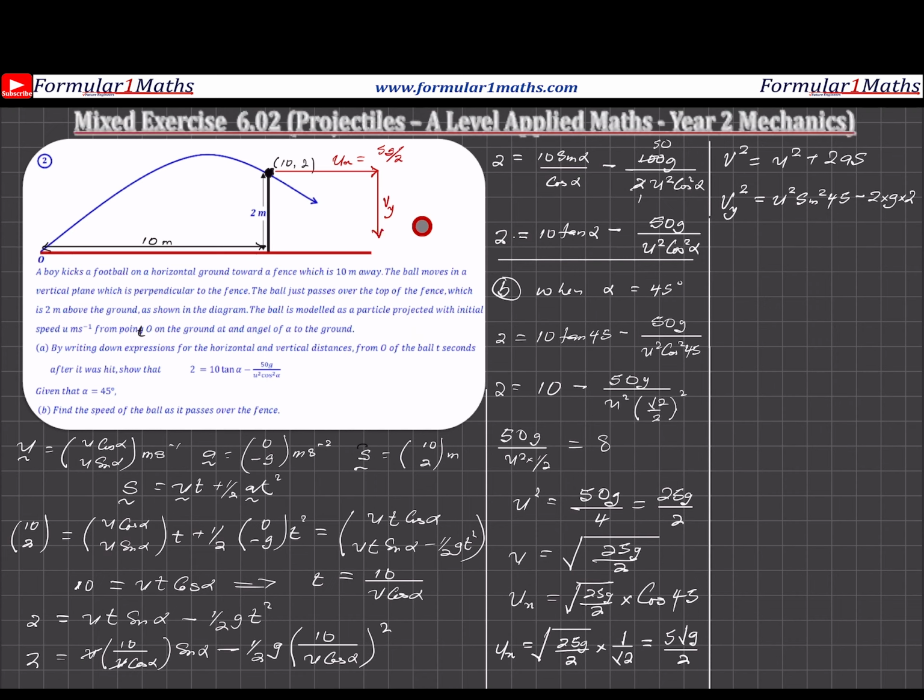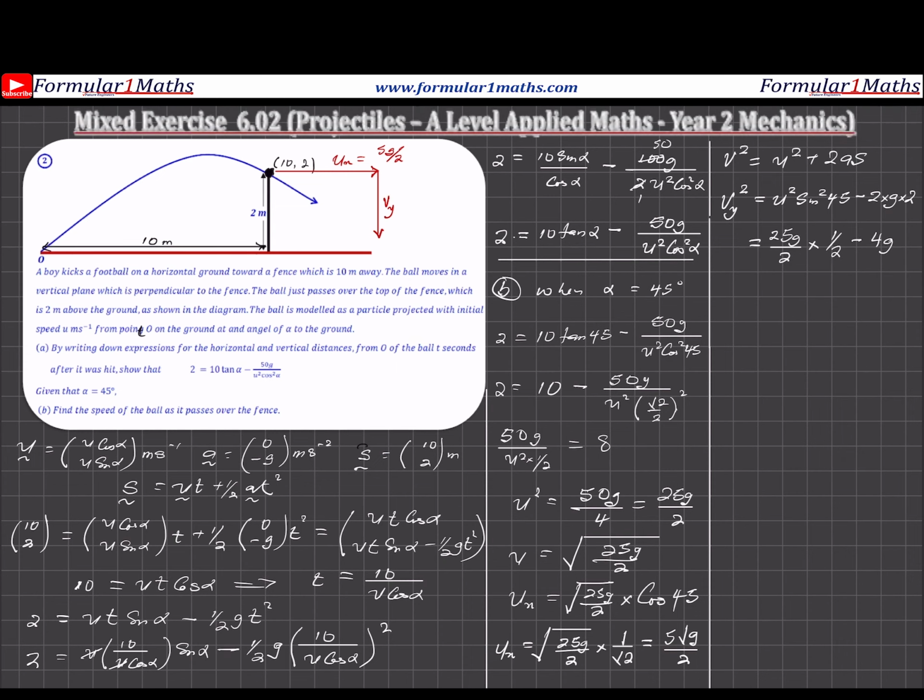I'm going to simplify that. I know u squared. I can find sine squared 45. So u squared we got as 25g over 2, times, and sine 45 is 1 over root 2. So 1 over root 2 squared is a half, minus 4g.